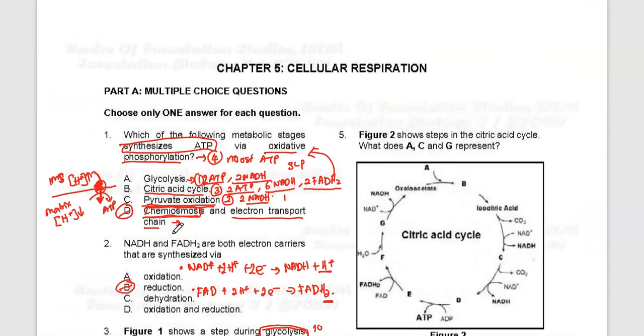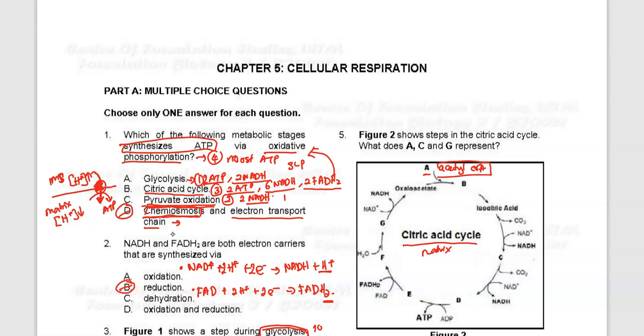Question number 5. Figure 2 shows steps in the citric acid cycle. What do A, C and G represent? The citric acid cycle occurs in the matrix of mitochondria. The initial reactant for the citric acid cycle is A, which is acetyl-CoA.